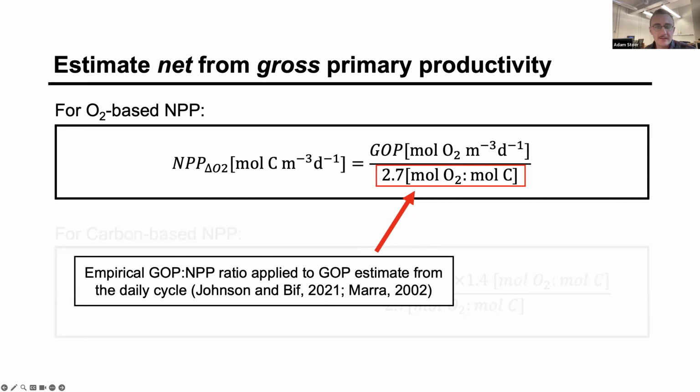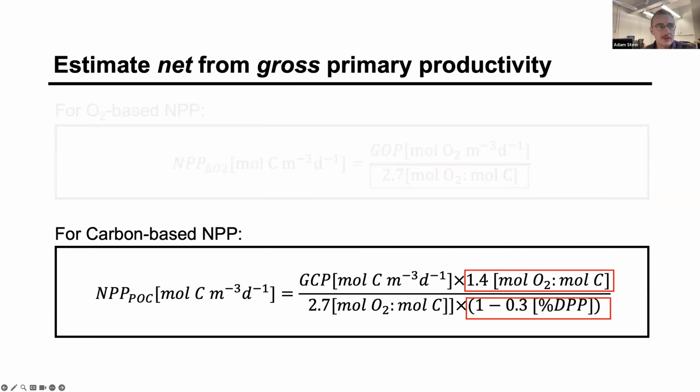We added a couple of steps here. In our version, we had to multiply by a photosynthetic quotient to get an estimate of gross oxygen production. And then we also accounted for dissolved primary productivity down at the bottom there. And then we use that 2.7 value again. And so we have basically two independent estimates of net primary productivity from these floats.